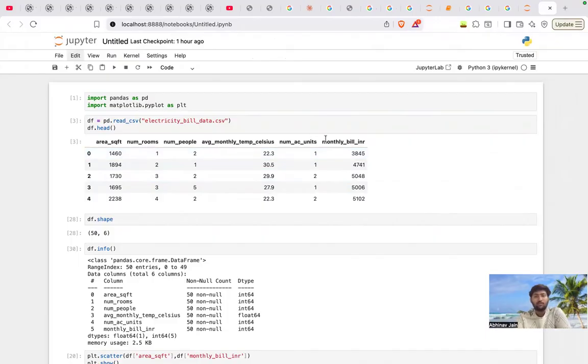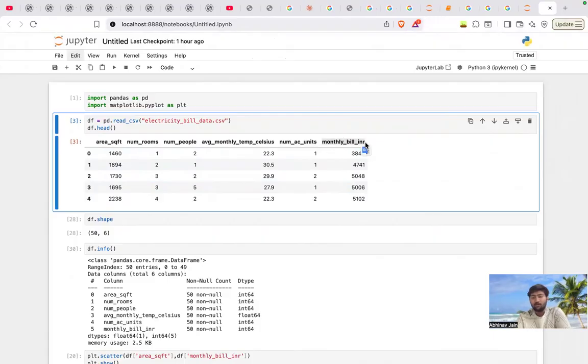You want to calculate your electricity monthly bill based on the number of AC units you have in your home, the current temperature outside, the number of people in your family, the number of rooms in the house, and the square foot area of the house. These are all our features, and this is our target. We have to find the value of this target based on these features.